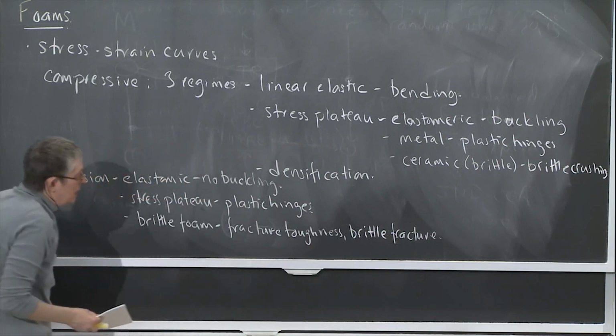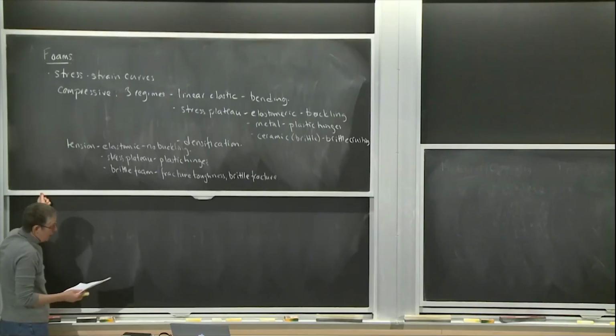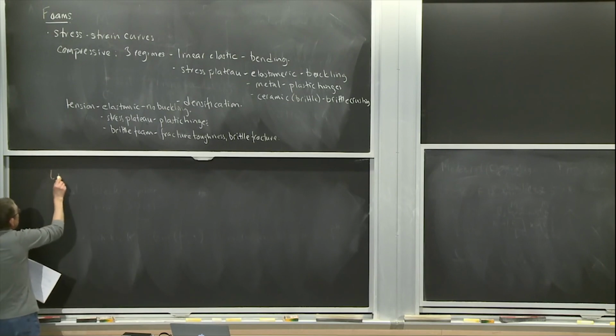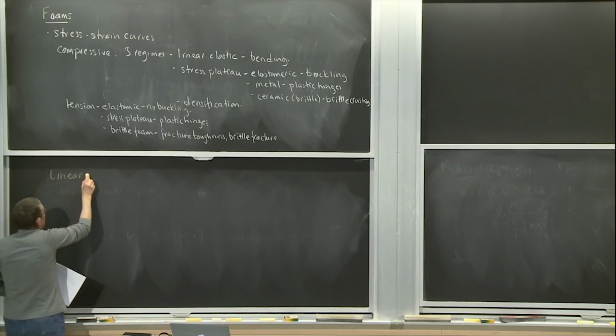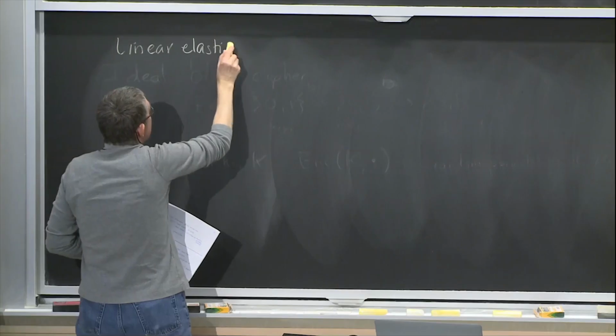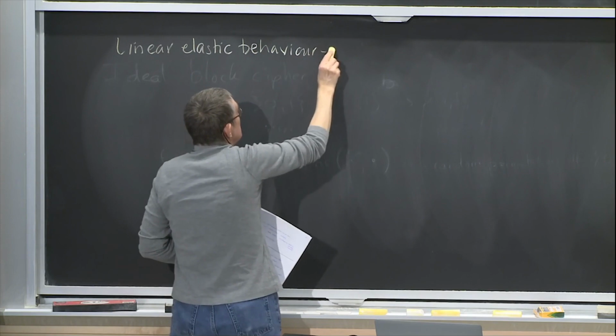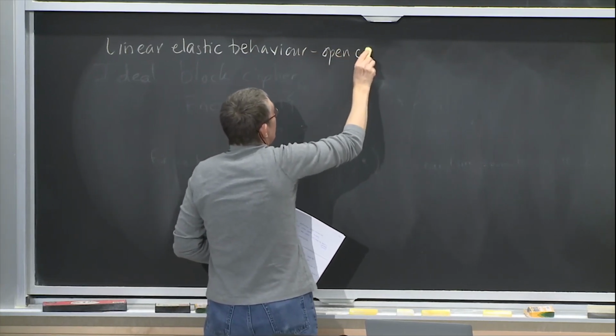So the idea is the mechanisms of deformation and failure just parallel what we've seen in the honeycombs. So we'll start off with the linear elastic behavior. And we'll start with open cell foams.